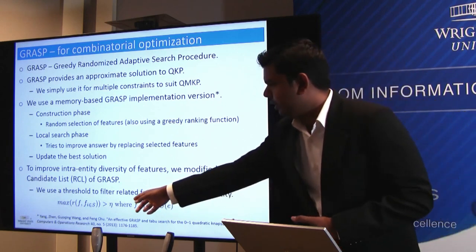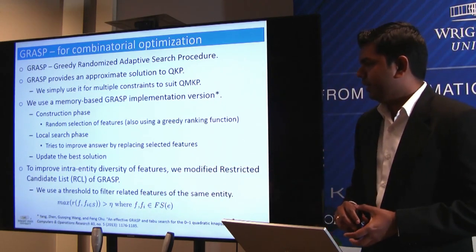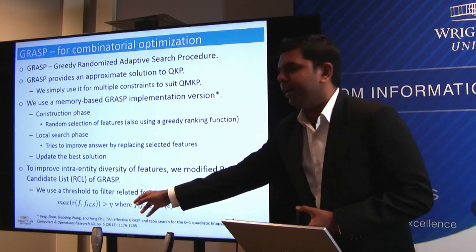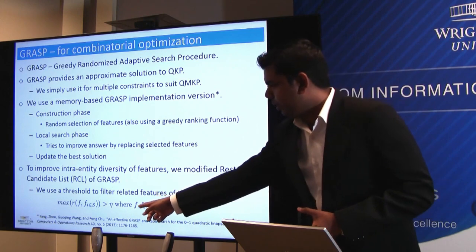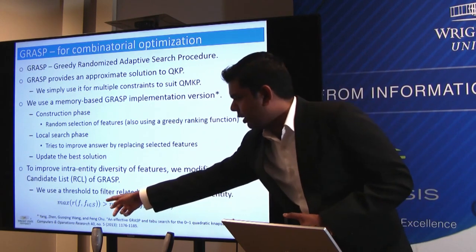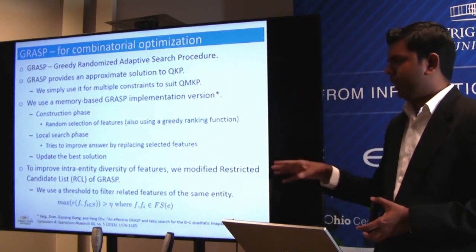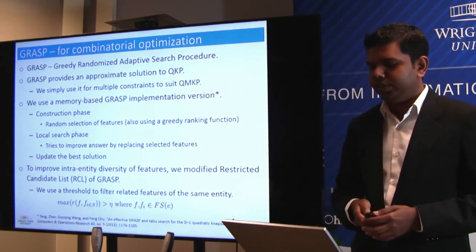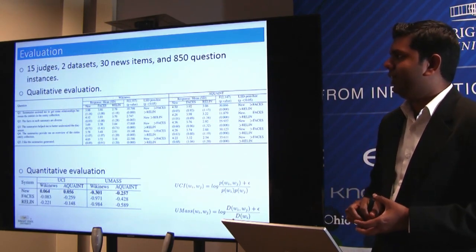So we simply filter out a feature if its relatedness is higher to the others within the same entity, comparing the one we want to select into the summary with those already selected in the candidate list. So there is this filtering approach we introduced, and this is the evaluation we did.